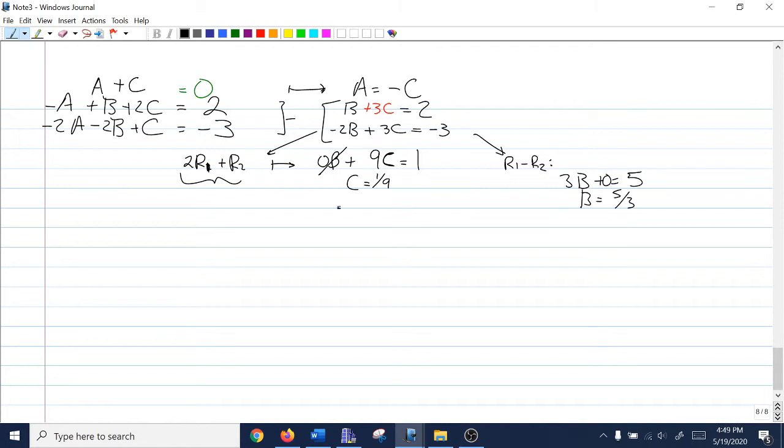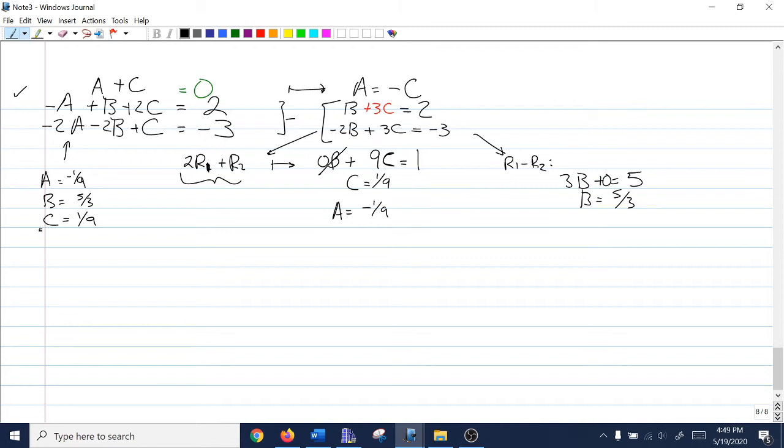Okay. A is negative c, which is negative 1/9. This is what I'm getting this time. Let's check if this is actually a solution to this line at least. A plus c is 0. Check, that works out. Negative a, that's a 9th, plus b, that's 5/3, plus 2c, that's 2/9, is supposed to equal 2.